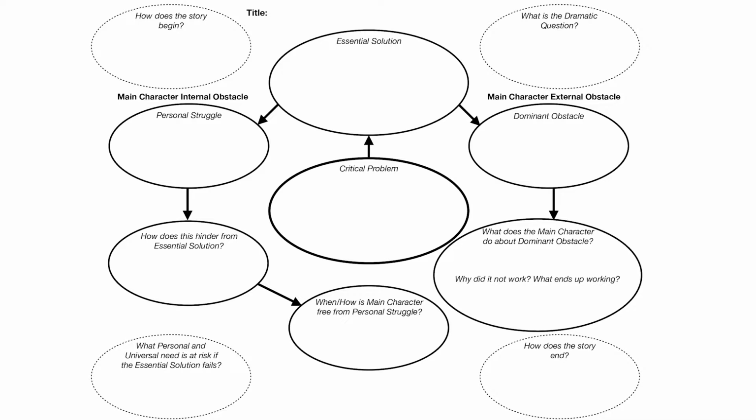Now we go over to the other side, with the main character internal obstacle. His personal struggle, I would have to say, is hopelessness, that desolate feeling of what's the point of pursuing this anymore. You can even call it failure, because he was not able to become what the former emperor wanted him to be, which was emperor instead of his son, so he was not able to fulfill those wishes.